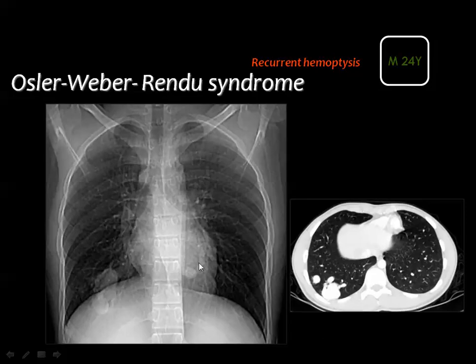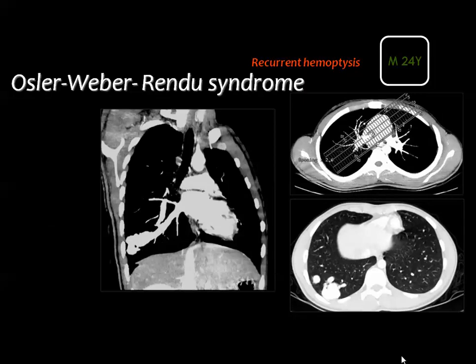If you look carefully, you can see another one in the left lung base. The presence of multiple pulmonary arteriovenous malformations is highly suggestive of this disease, which is known as Osler-Weber-Rendu syndrome or hereditary hemorrhagic telangiectasia.